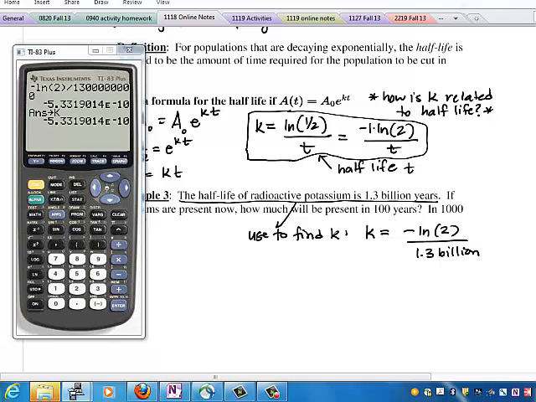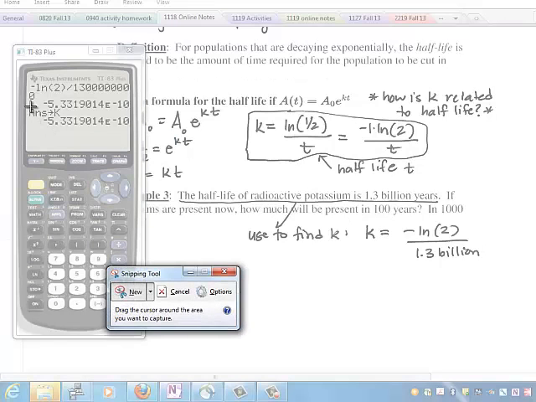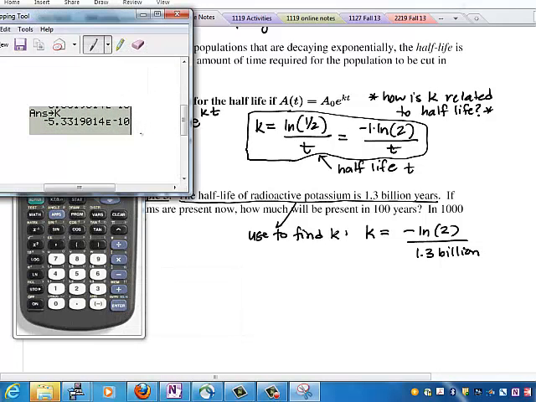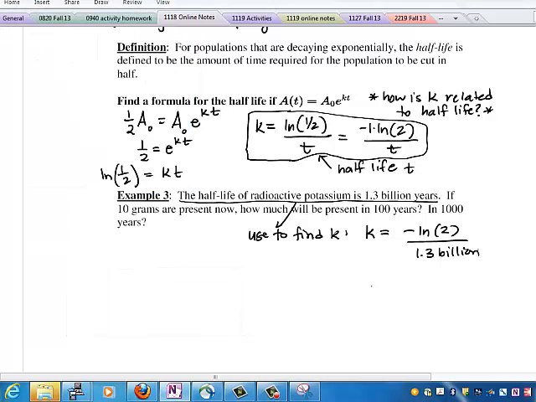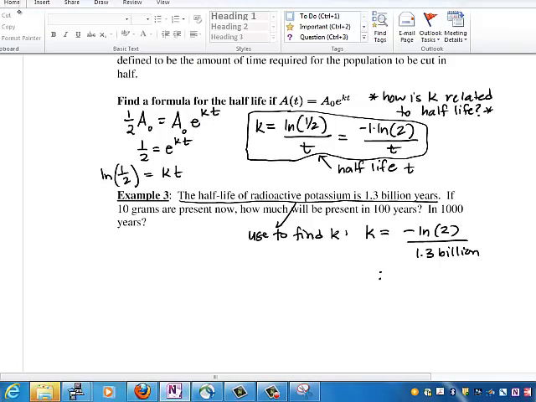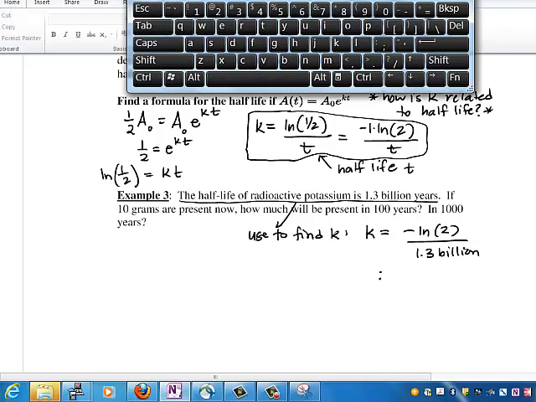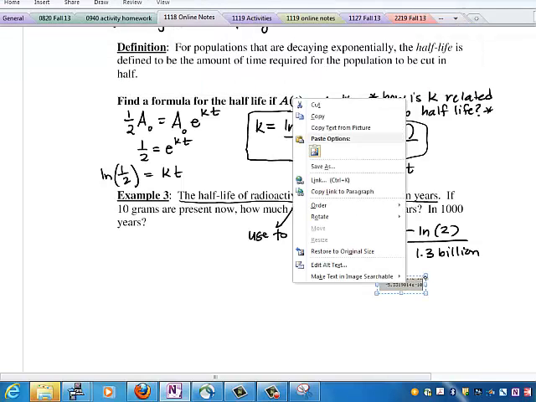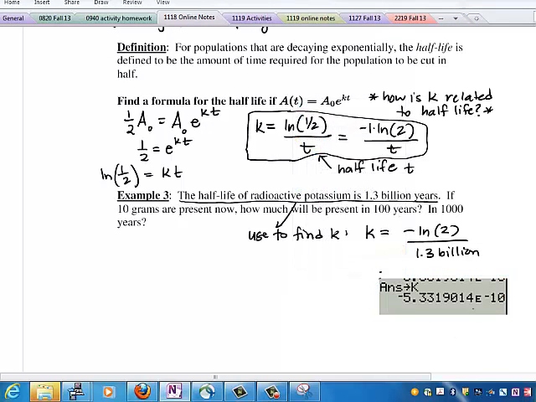I'm going to take a screenshot of that so we can look at it later. So that's our k value. Then if 10 grams are present now, that means a sub 0 is 10.